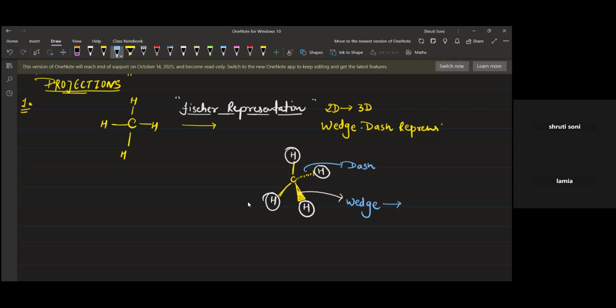Both the hydrogen and carbon are in the same plane, and the first hydrogen is above the plane and the second one is below the plane. So the wedge form always represents above the plane, and the dash is used as below the plane.